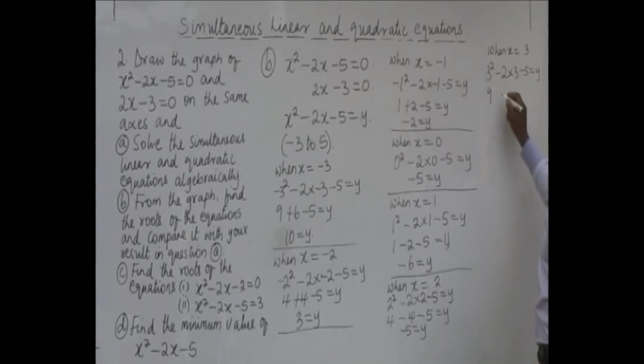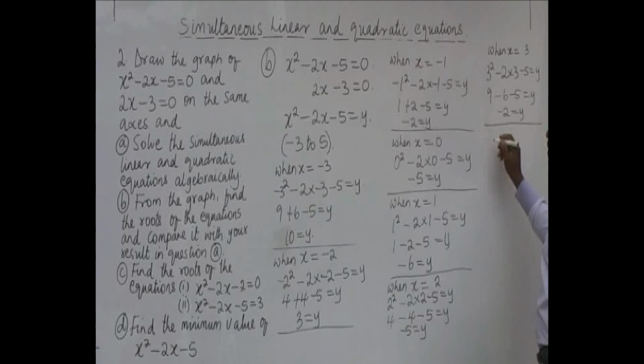Minus 2 times 3 will give you minus 6. Then minus 5 is equal to y. 9 minus 6 will give you 3. 3 minus 5 will give you minus 2. That means at this level, the value of y is minus 2.